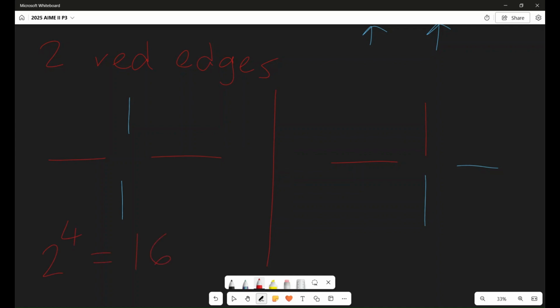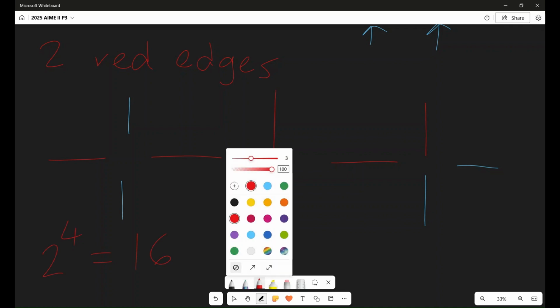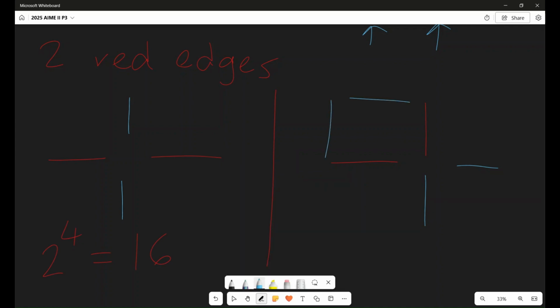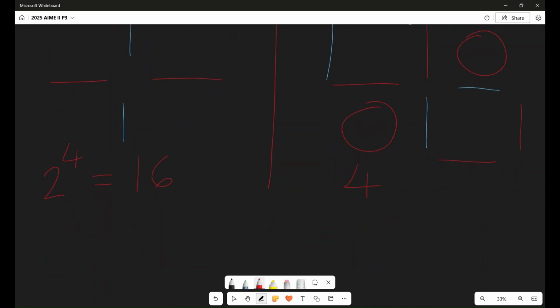For the next subcase, we know that these 2 edges have to be blue, these 2 edges have to be red. And now we only have to make the choice for this square and this square, so that is 4 ways. Now, of course, for both of these cases, we need to count the rotations.